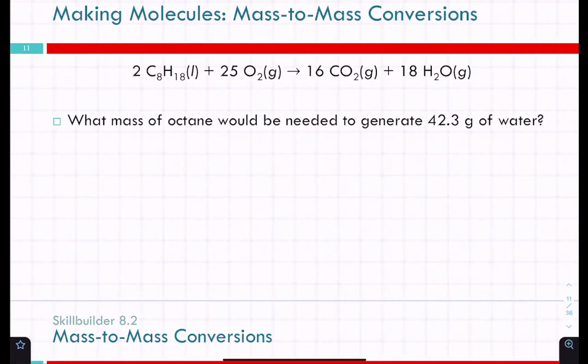Okay, so what mass of octane would be needed? This is in some ways asking the question a little bit backwards, but what mass of octane would be needed to generate 42.3 grams of water? So what are we given? Water, yeah.